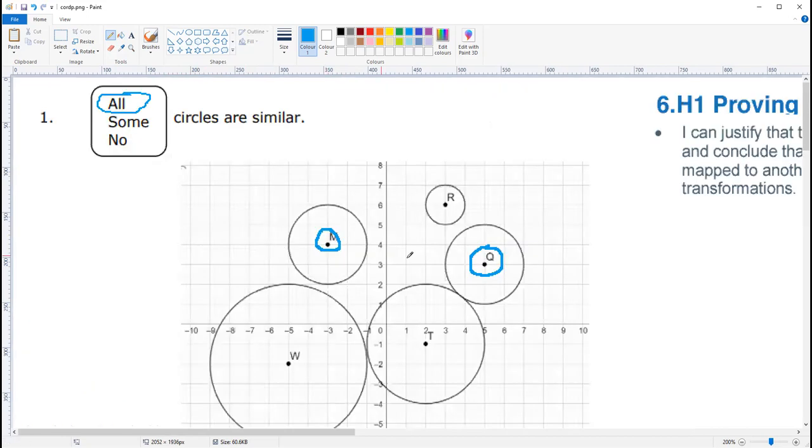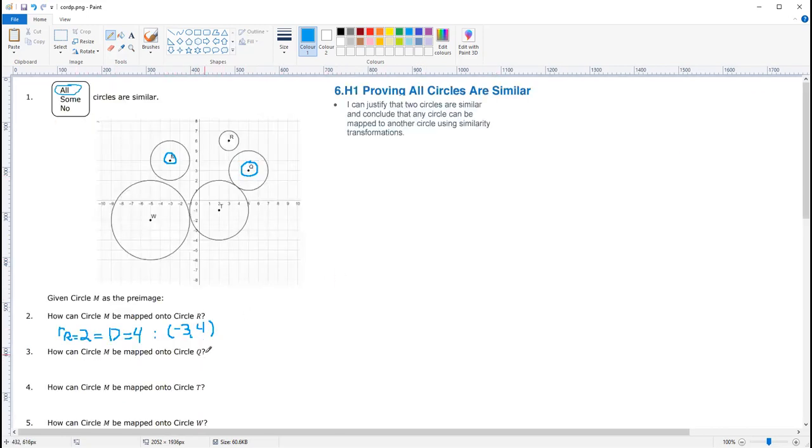Q's center point is 5, 3. Let's change Q's color to red. Q's color is now red. So Q is 5, 3. In order to get M onto the center point of Q, you can do the dilation.